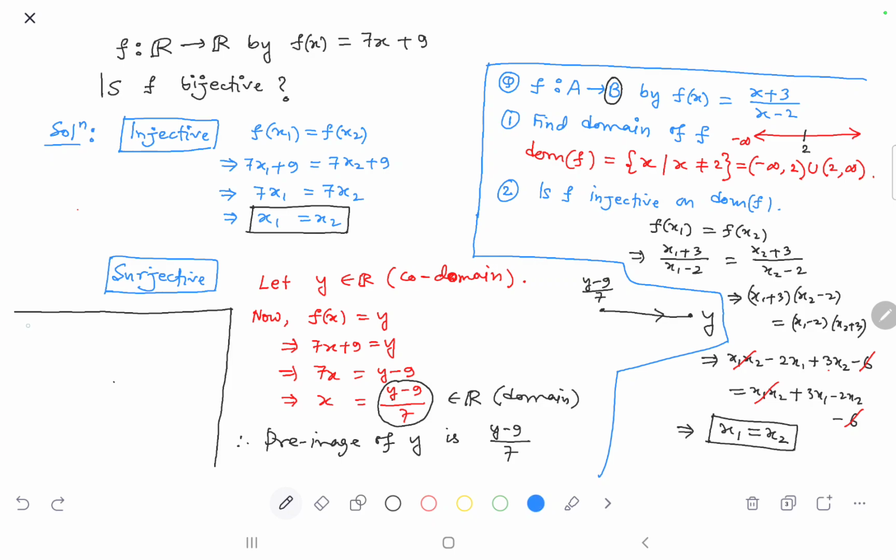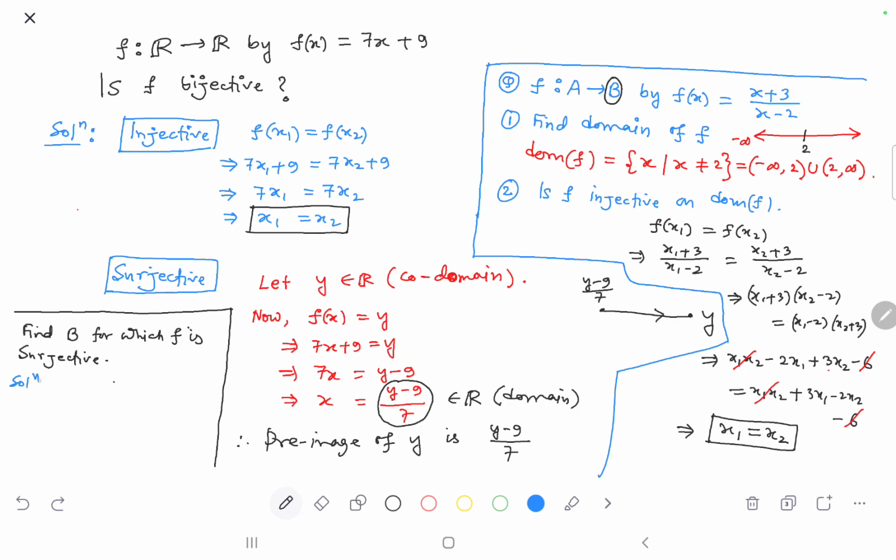So: find V for which f is surjective. Can you try this please?